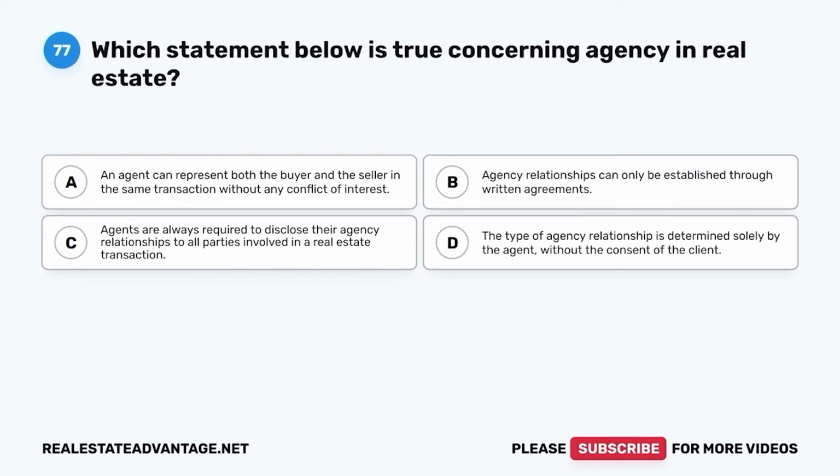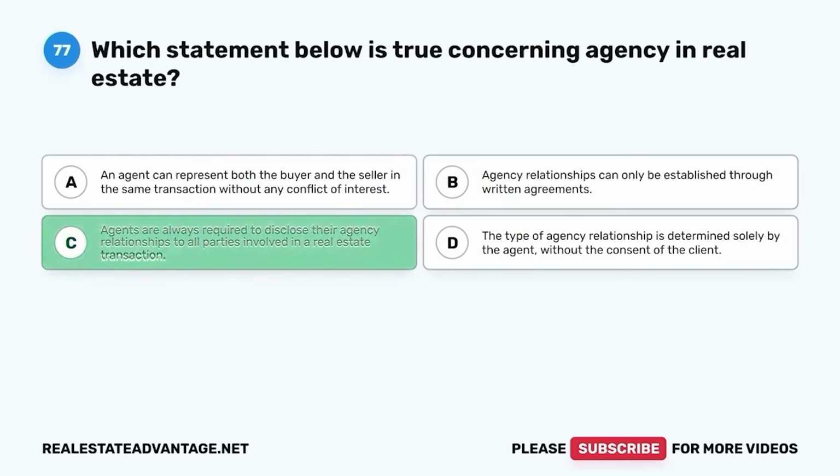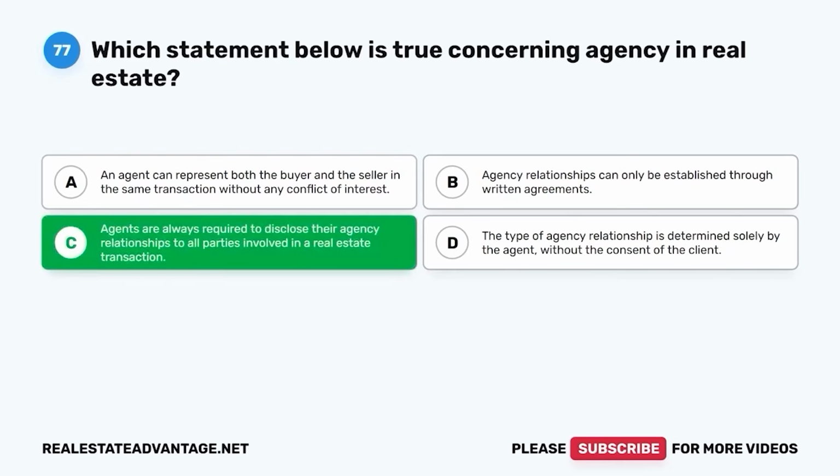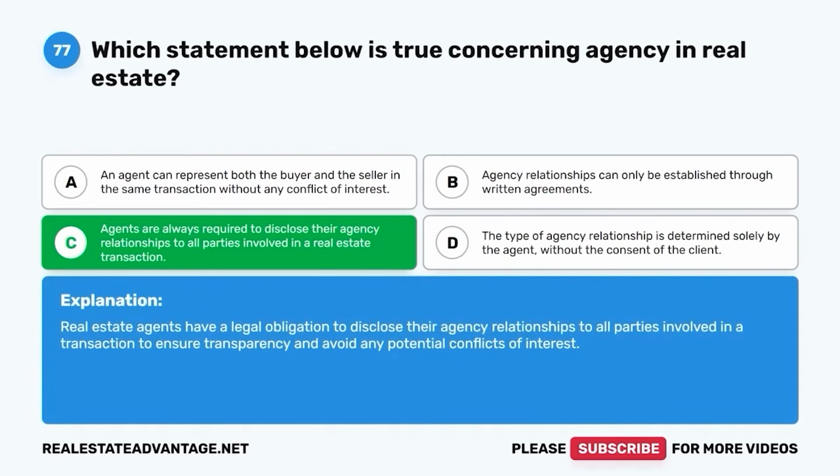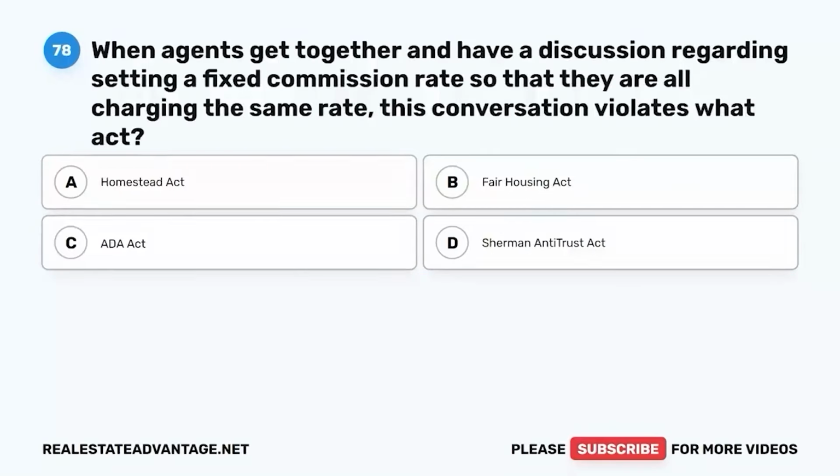D. The type of agency relationship is determined solely by the agent, without the consent of the client. The correct answer is C. Agents are always required to disclose their agency relationships to all parties involved in a real estate transaction. Real estate agents have a legal obligation to disclose their agency relationships to all parties involved in a transaction to ensure transparency and avoid any potential conflicts of interest.